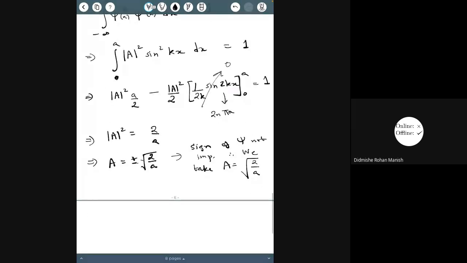So the sign of psi is not important here because the physically relevant quantity is psi squared. So whatever the sign you take of the constant, they will eventually cancel. So we just stick to the positive one. You could have equally well taken the negative one, or you could have taken plus minus, it doesn't matter.